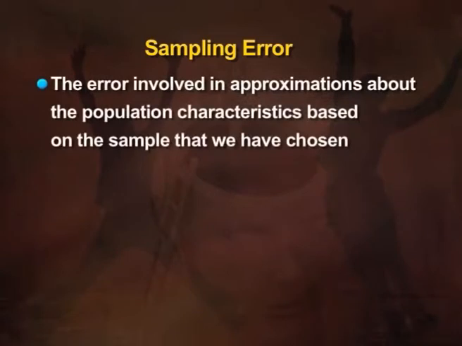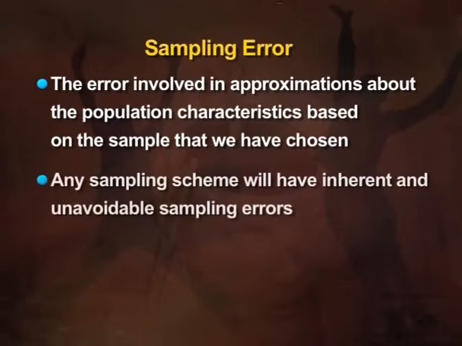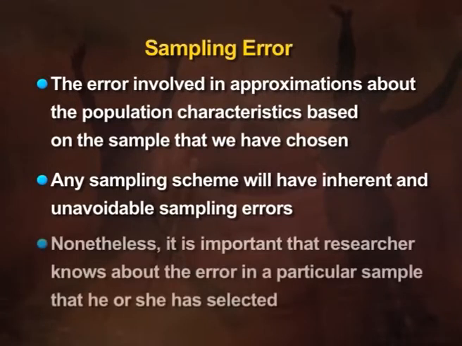Another concept that we must be aware of is sampling error. This is the error involved in approximations about the population characteristics based on the sample that we have chosen. Any sampling scheme will have inherent and unavoidable sampling errors. Nonetheless, it is important that the researcher knows about the error in a particular sample that he or she has selected.